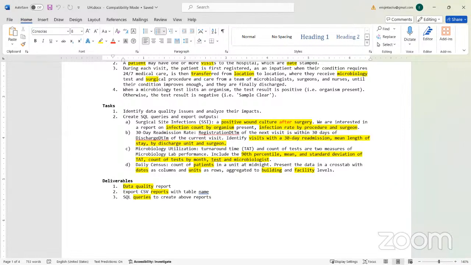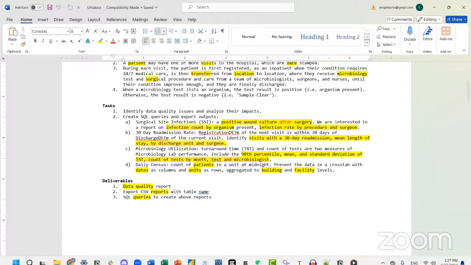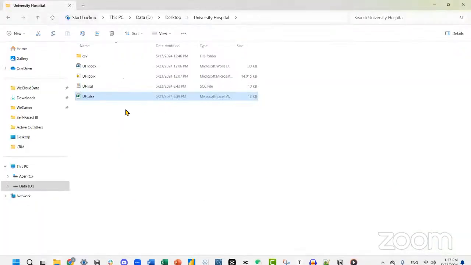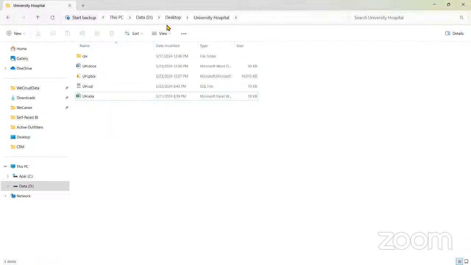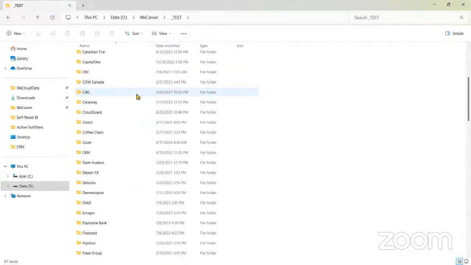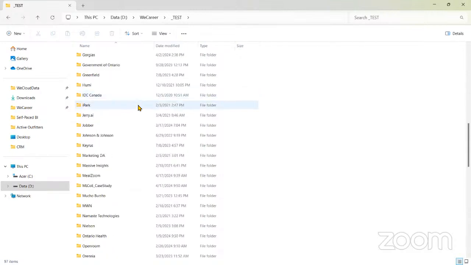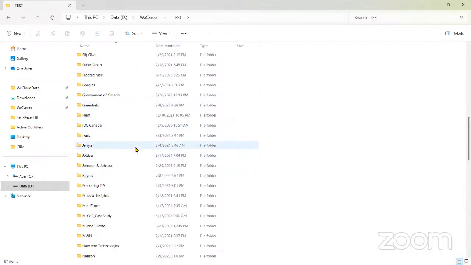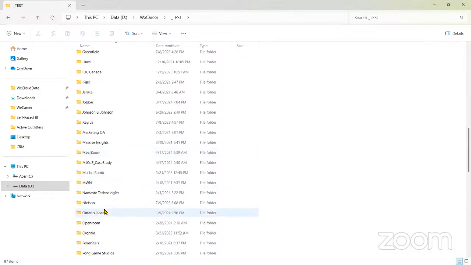Okay, so let me just show you one other example, in fact, when we talk about this. Just give me a sec. I collected so many tests from the hiring partners. I think one of them is Ontario Health.